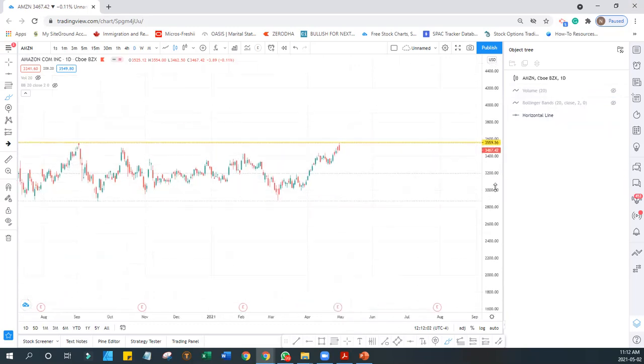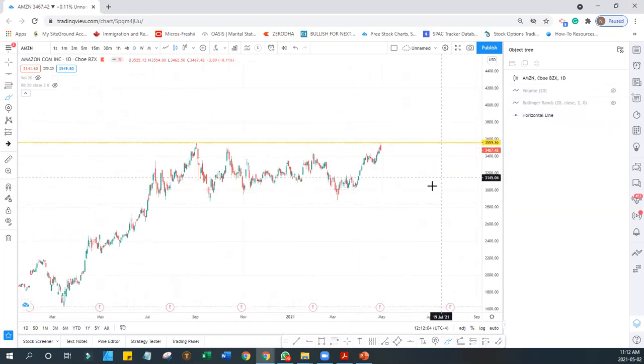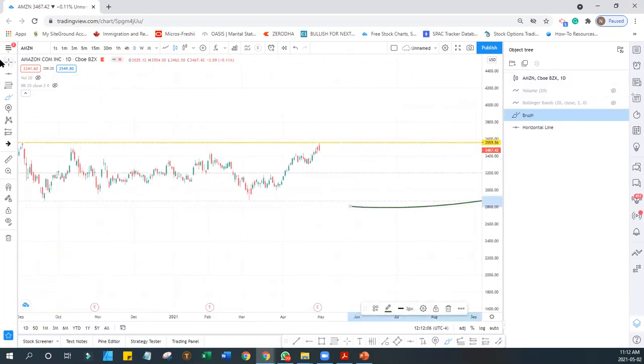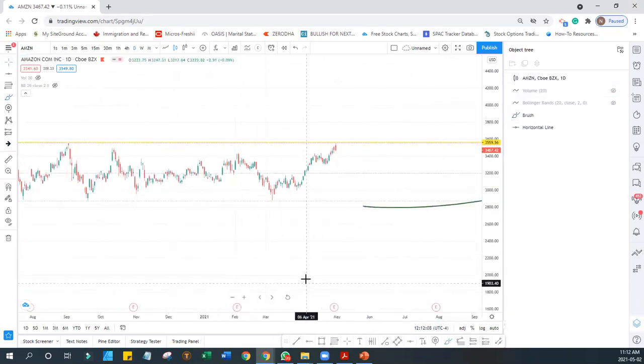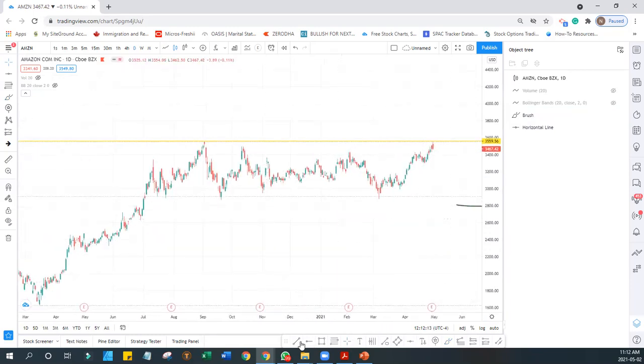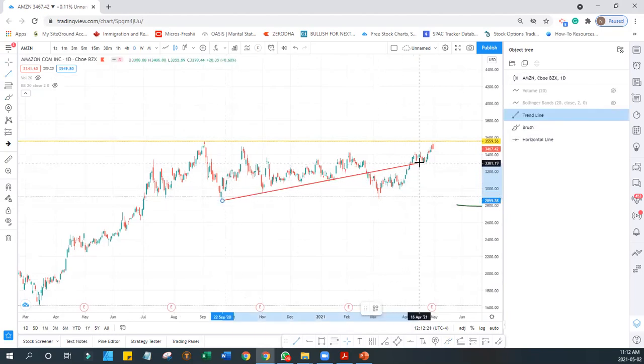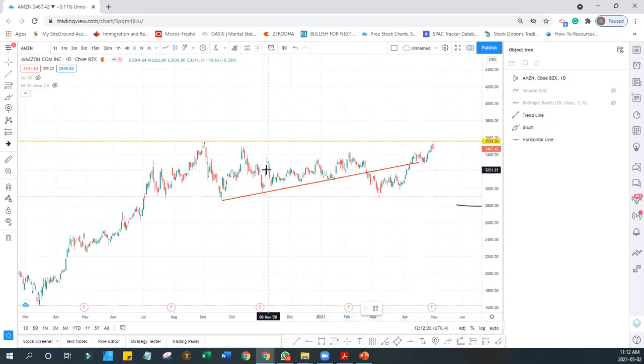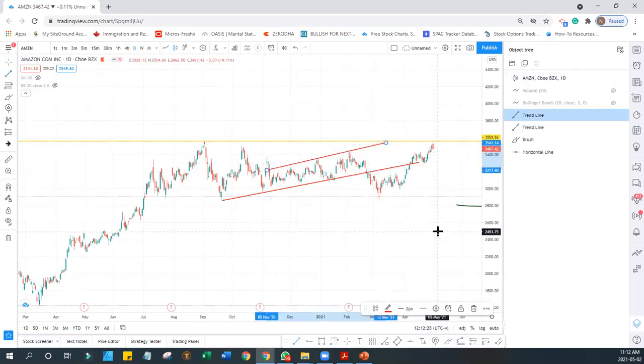Now, how does the trend line work? If you see this trend, because I'm seeing the trend line after a long time, like Amazon, I haven't been following Amazon. So this is the price, this is the trend line, and this is also a trend line.